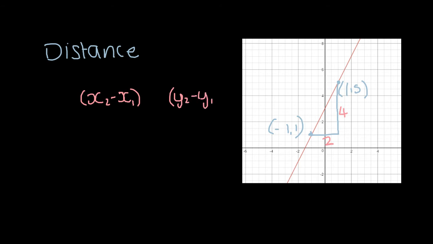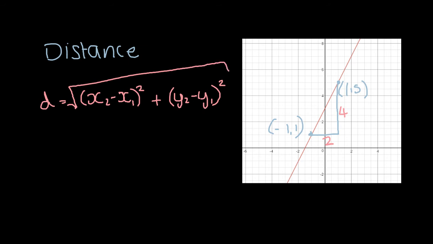And then we know that to work out the length of this hypotenuse, we would square each of these two values and add them up. And then that distance, which I'm going to call d for now, would be the square root of what I've got there.